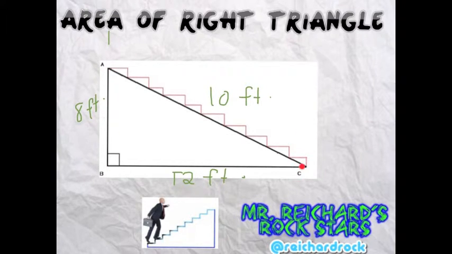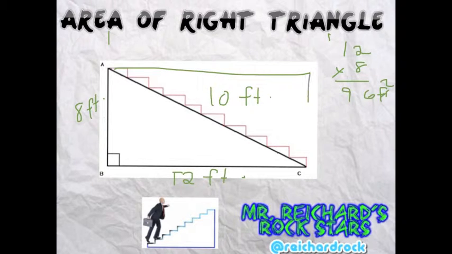I typically would find the area of a rectangle by taking the length, which is 12 feet, times the width, which is 8 feet. So let me write this down so we can organize our thoughts. 12 times 8 is going to be 96 feet squared. That would be the area of the entire rectangle. I have to halve that.